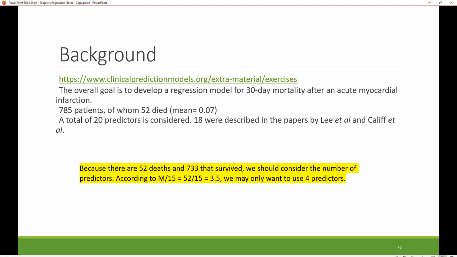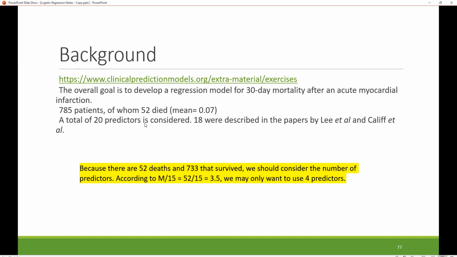In the first session, we reviewed in Frank Harrell's book, Regression Modeling Strategies, his findings on determining the number of predictors we would use in a model. Because our outcome of 30-day death is coded as 0 or 1, what he suggests is to use the smaller of those two categories.